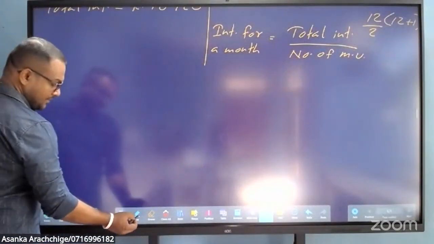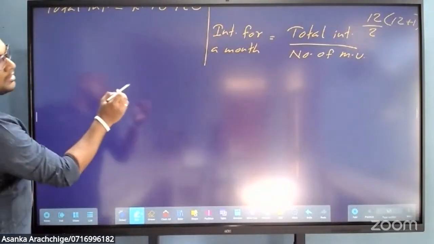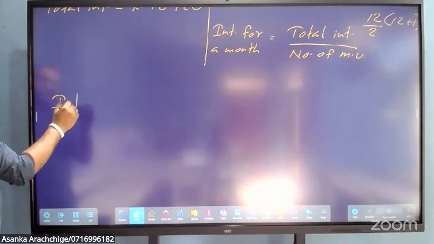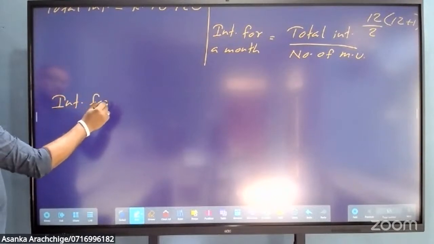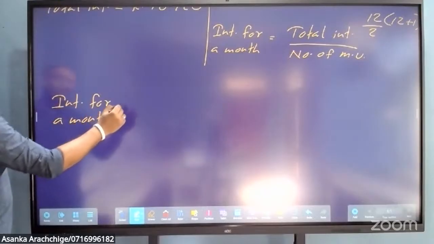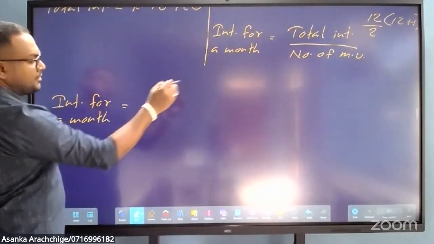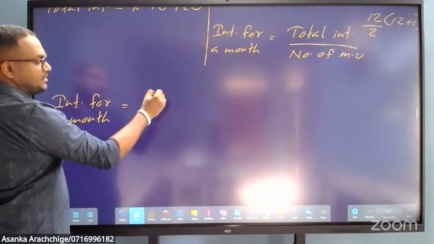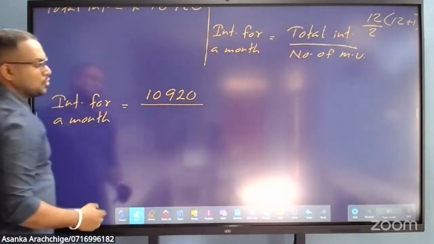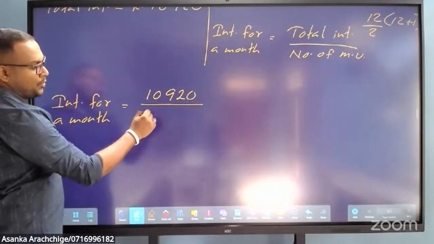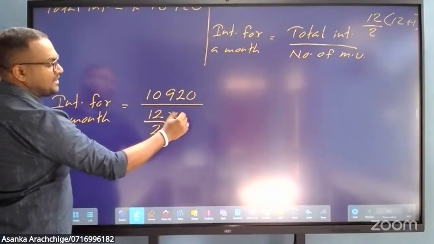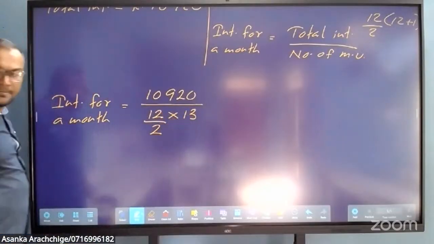Interest for a month is equal to total interest 10,920. This should be divided by 12 upon 2 times 12 plus 1, which is 13. Clear?